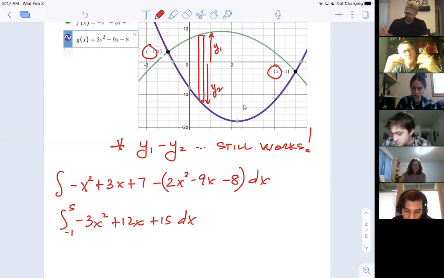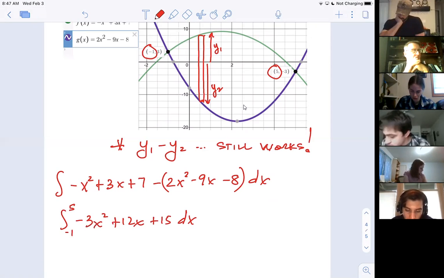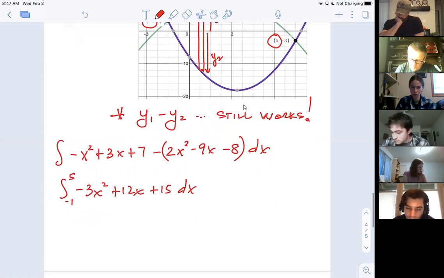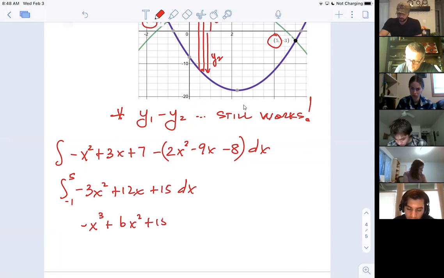Again, that's the substitution concept. So negative 3, that becomes x cubed divided by 3. The 3's cancel, so I get negative x cubed plus 12x squared divided by 2 is 6x squared plus 15x. Is that the right? It's just, and again, this is not a hard integral, thank God. I'm working on the concept here.